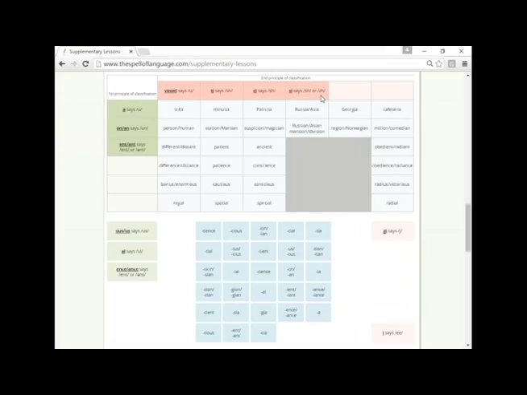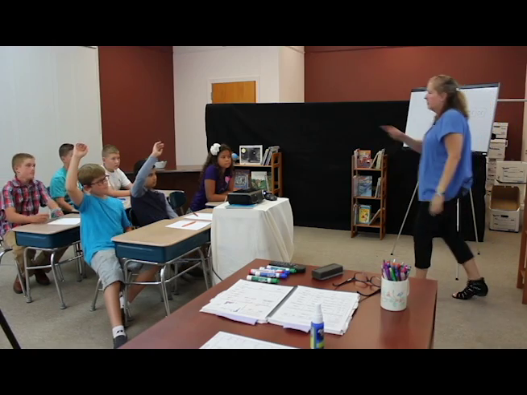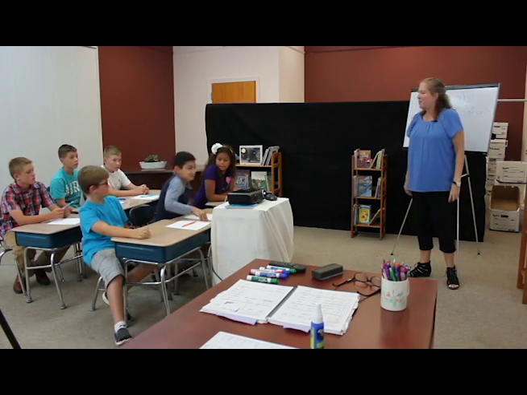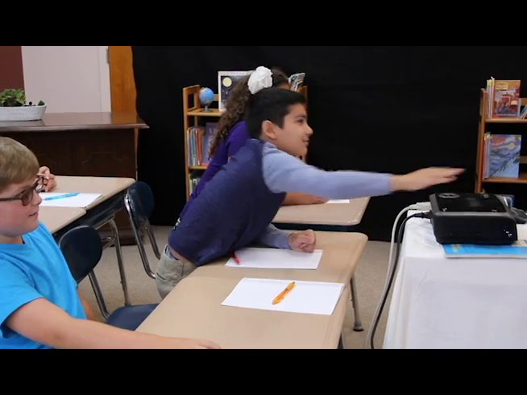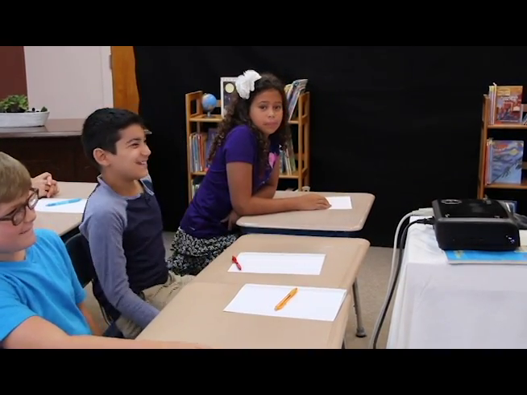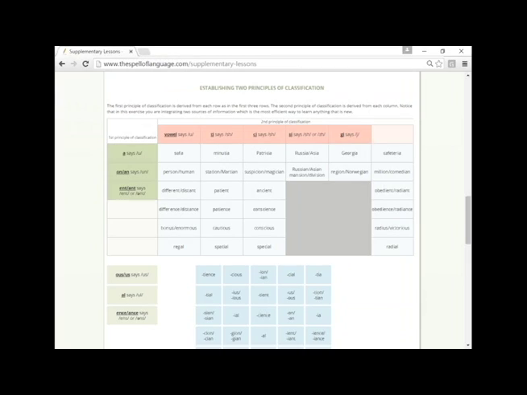Georgia. What did we add here? John? Go ahead. Tell us what we added. What two letters? Nice stretch. GI saying the sound that the J makes. What sound does the J make? J, ja.